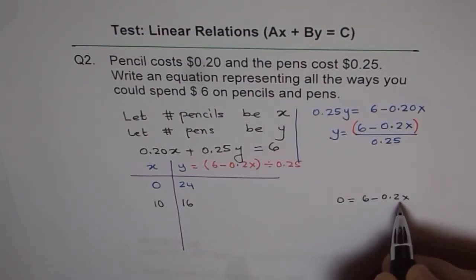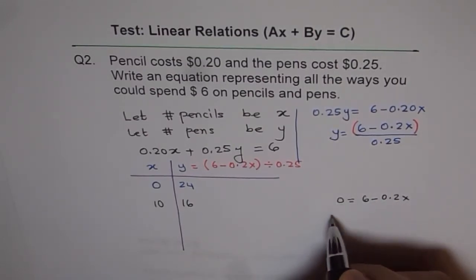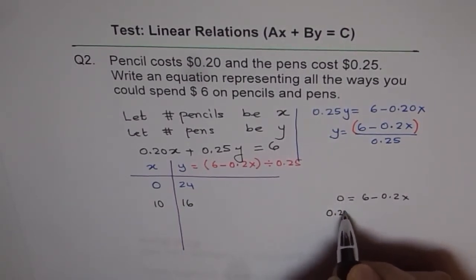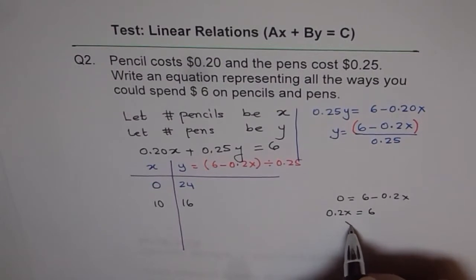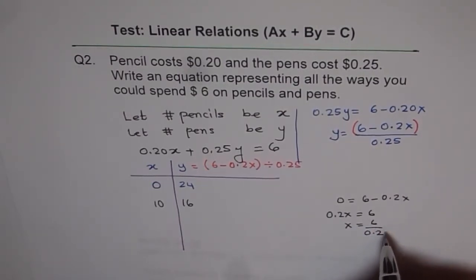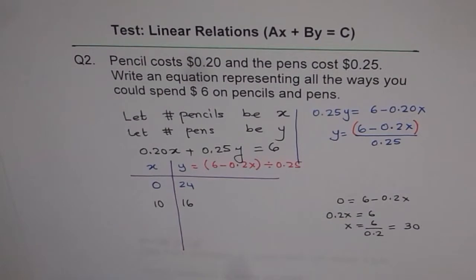Let's calculate x. We bring this from the right side to the left. 0.2x equals 6, and x equals 6 divided by 0.2, which is 60 divided by 2, or 30. Use your calculator: 6 divided by 0.2 equals 30.